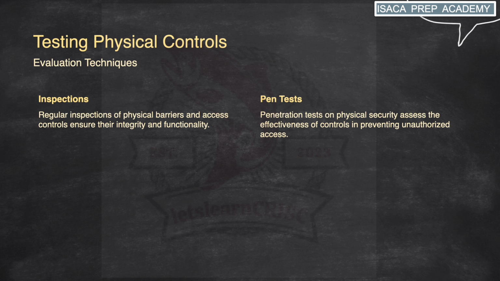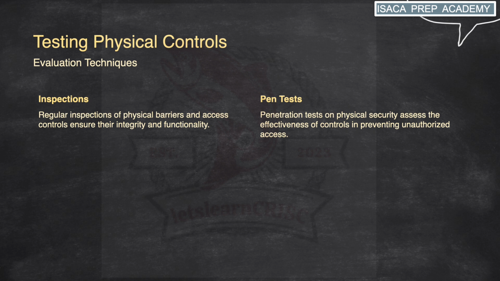Friends, following physical penetration testing, organizations receive a detailed report outlining the findings, including identified vulnerabilities, recommendations for remediation, and the best practices for strengthening physical security measures.